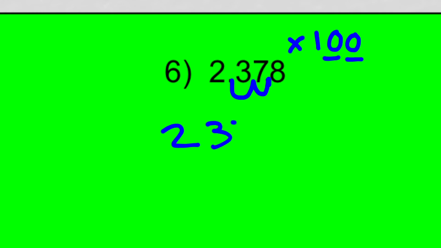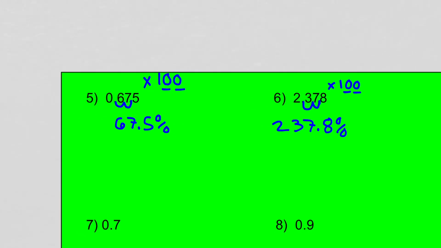Number 6, 2 and 378 thousandths. No matter what the decimal is, I always mentally multiply by 100. And since there's 2 zeros on 100, I always mentally shift the decimal 2 spots to the right. In this case, the decimal lines up between the 7 and the 8. So it's going to be 237.8%.